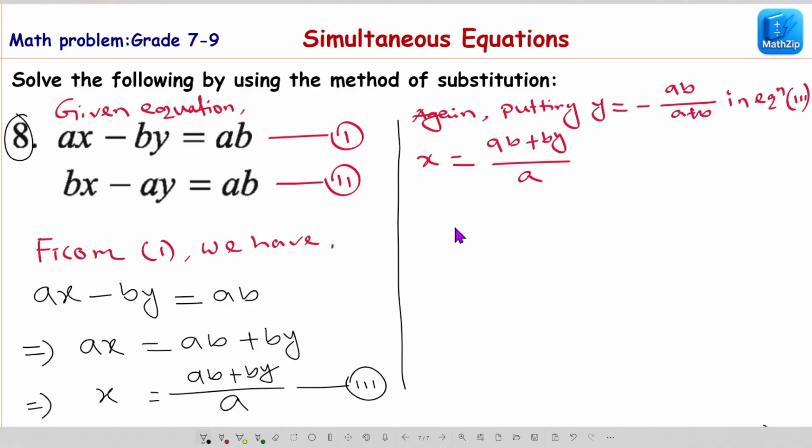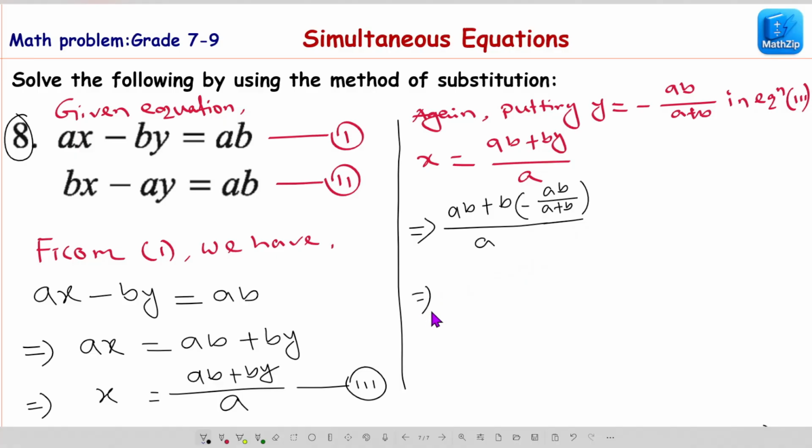So one by one we can put. So here a, and here is ab plus b times minus ab divided by (a plus b), right?